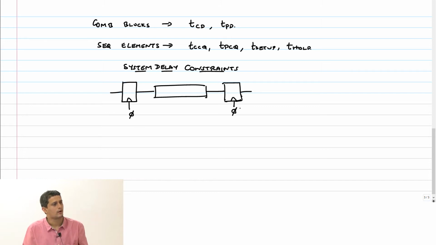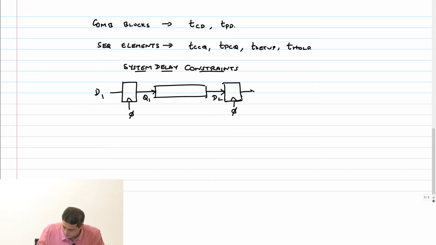The left flop is called a launch flop, the right flop is called a capture flop, okay. So I have D1, Q1, D2 and Q2. So right now I am assuming that the clock period is given to me. I have a clock period and the time period is TC. Okay, so let's assume that the clock is like this.